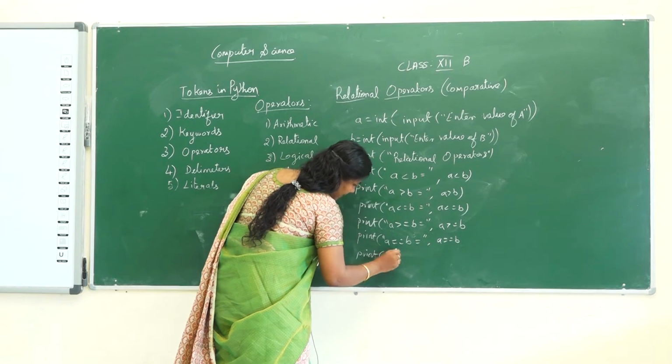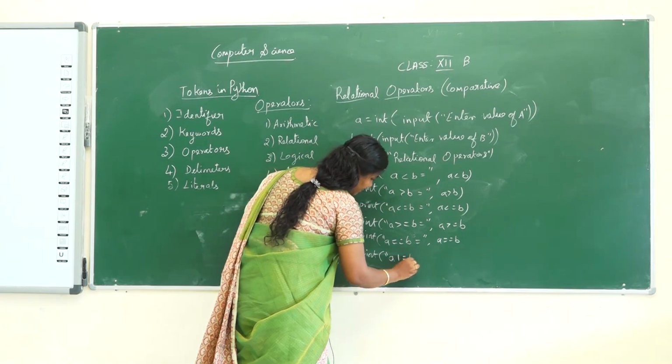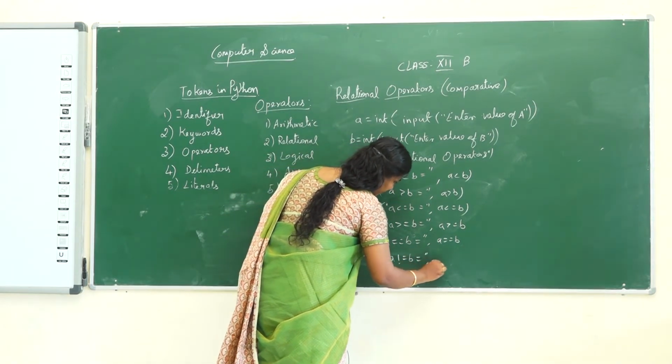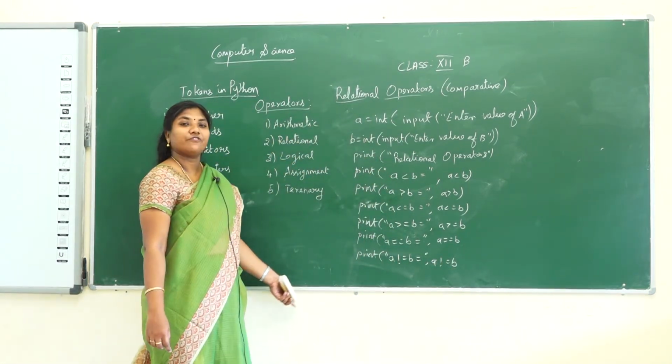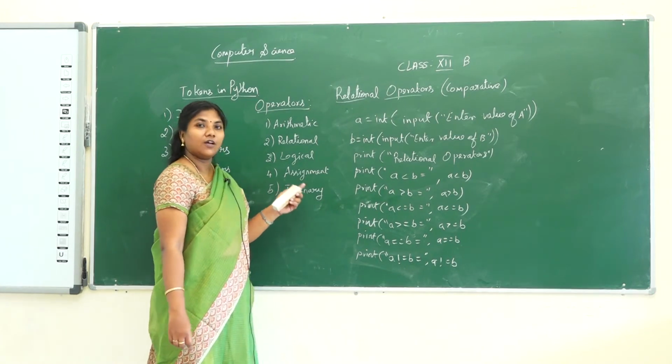So you are using the exclamation symbol and equal to symbol. Okay, so this is a program for relational operators or comparative operators.